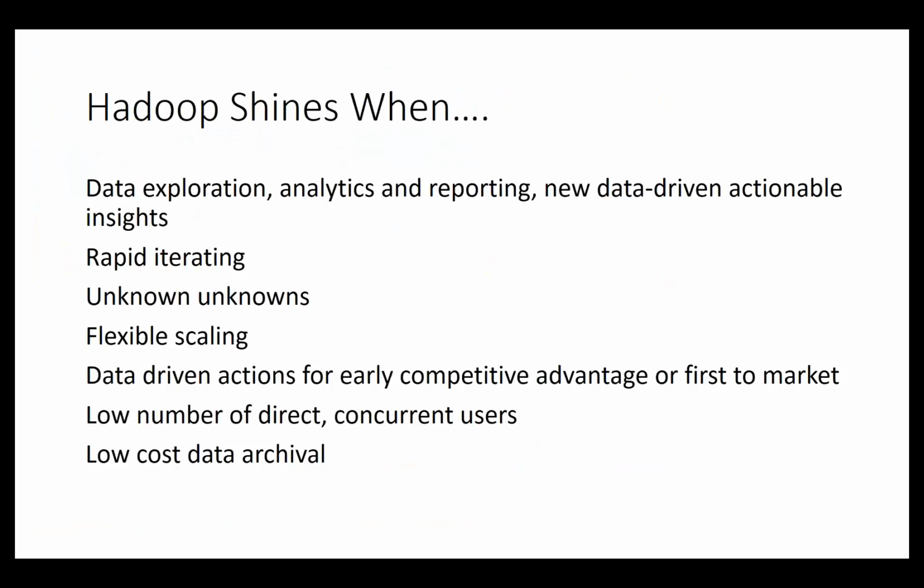But if you don't know if the color of a shirt somebody wears when they walk into the store impacts sales, or if the weather outside impacts sales, or if what's on TV tonight impacts sales, those are all unknown unknowns. You don't know what you don't know. So it's much easier to explore those things in Hadoop.